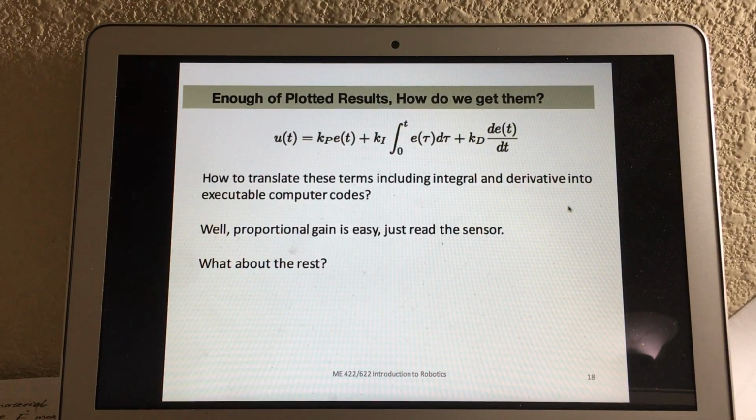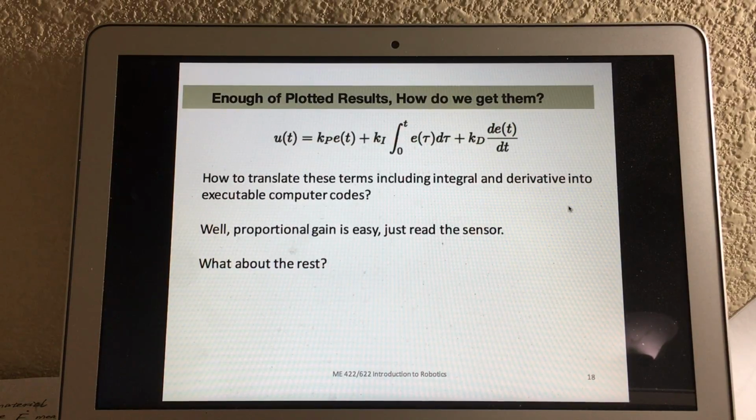Here I have a comment: the proportional gain is easy. It's just reading the sensor, right? If you read the sensor y_in, it's equal to r minus x. So there you have it, and then you just multiply by k_P. What about the rest, the integral and the derivative? How do you implement this on a computer?